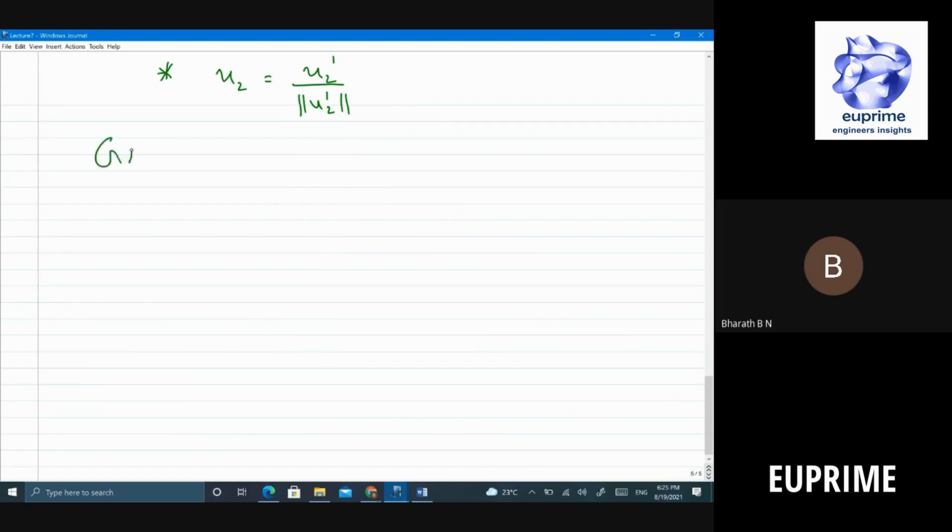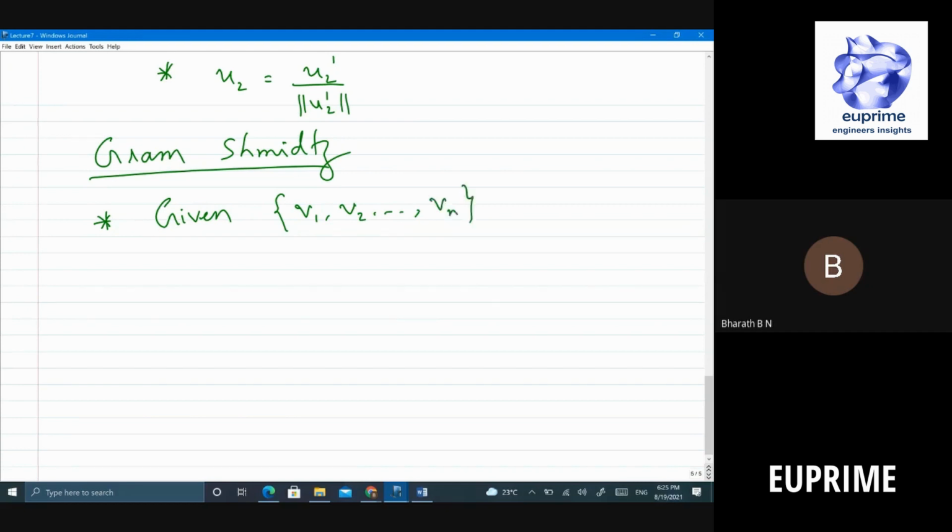So this is Gram-Schmidt's. I hope the spelling is correct. What should I do first? Let's say we are given n vectors, v1, v2, etc., vn. In the earlier case, we were given only two vectors, v1 and v2, in two dimensions.